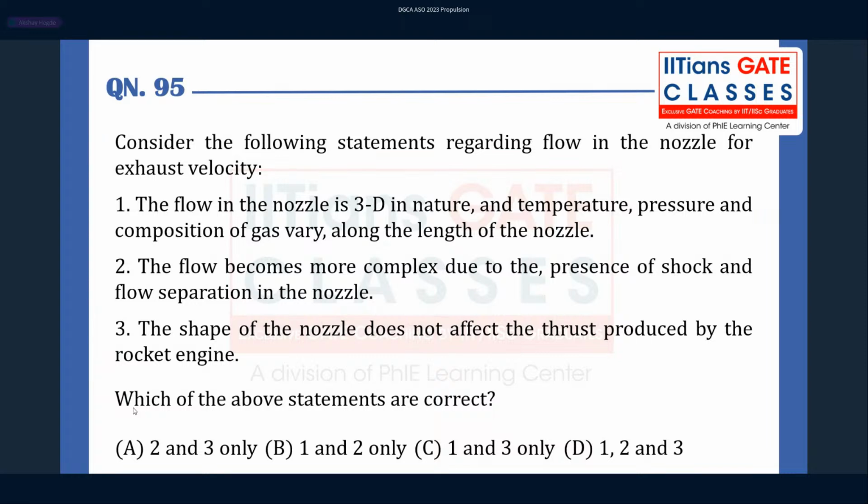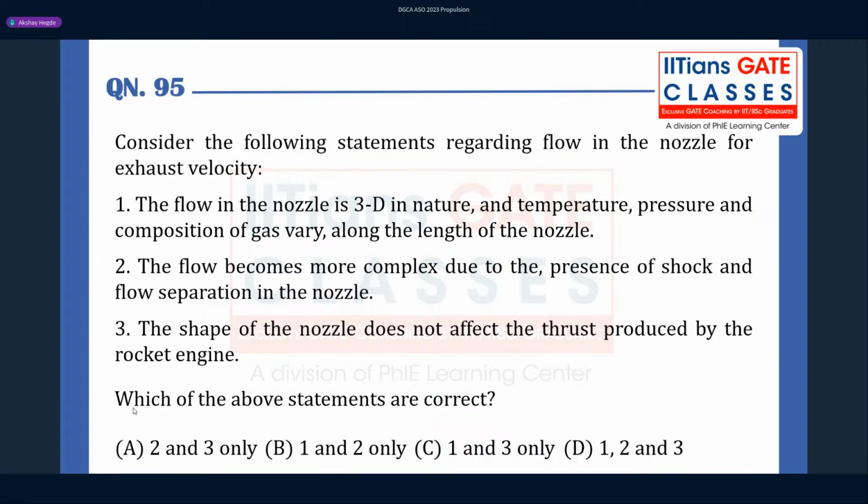Okay. The first two statements are obvious. In a realistic nozzle, we do see a 3D nature of flow. Remember, whenever we do the quasi one-dimensional flow analysis, our assumption is that the flow is one dimensional.